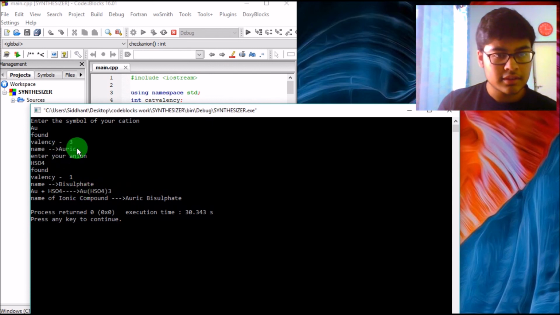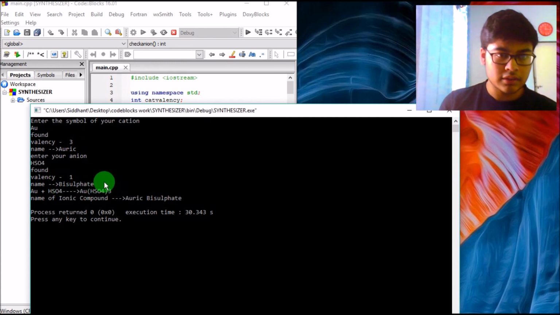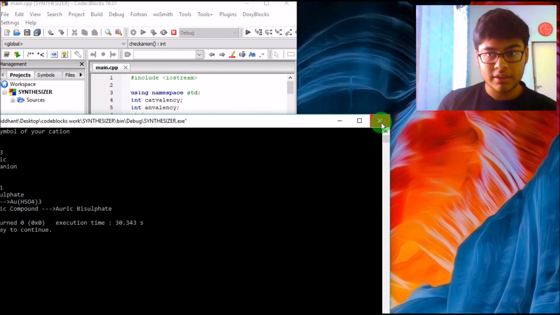You can see the valency of auric, that's 3, went down to bisulfate, and the valency of hydrogen sulfate, that's 1, went towards auric, and it didn't show up because you don't write 1 after the formula unit or the element. And this is what the project is all about.